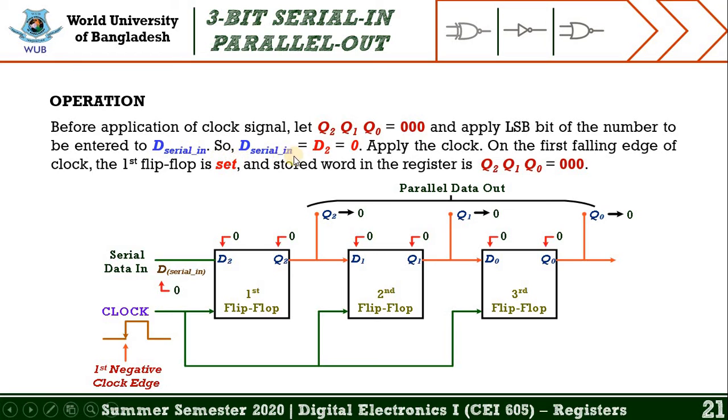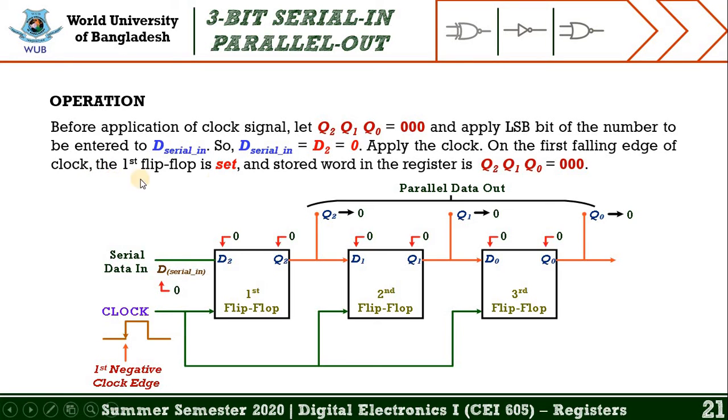In that case, D serial in is equal to D2, which is equal to 0. Now we need to apply the clock pulse, which means the first negative clock edge, or the first falling edge of the clock, is applied at the clock.